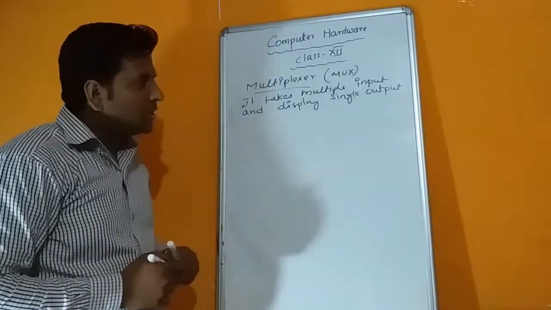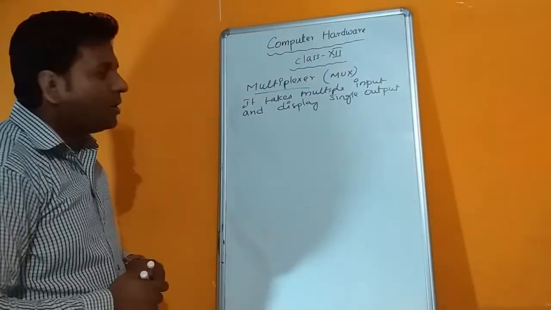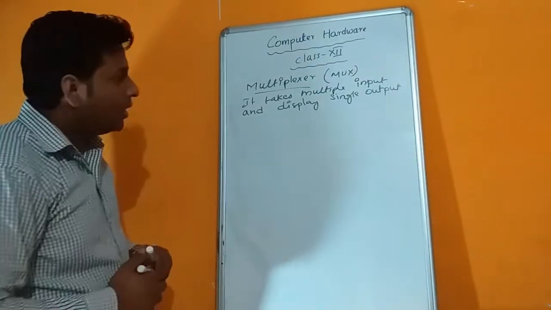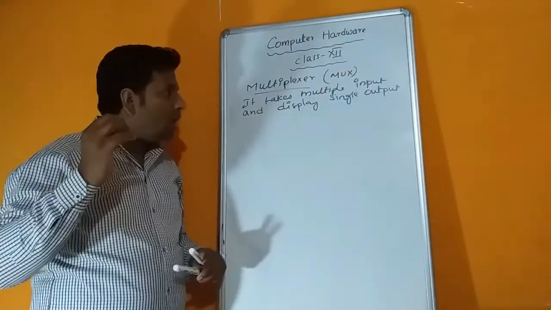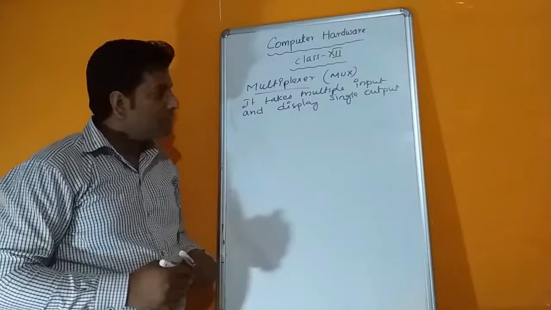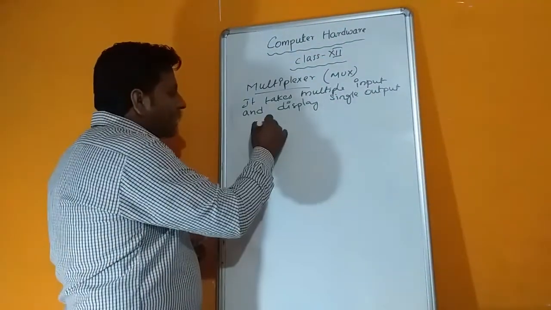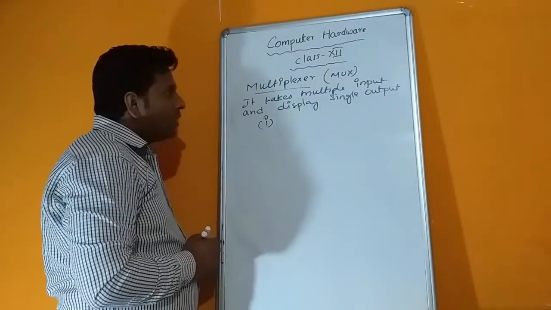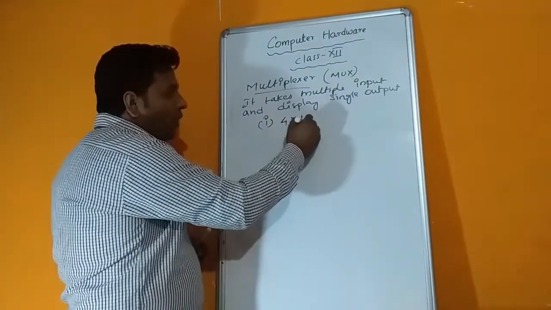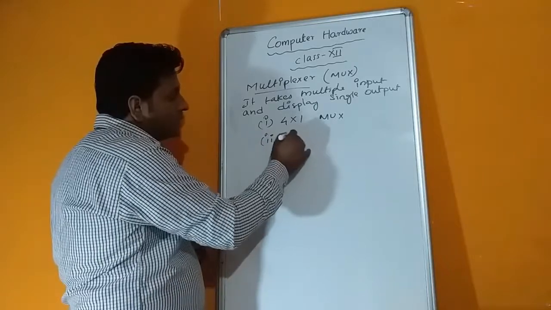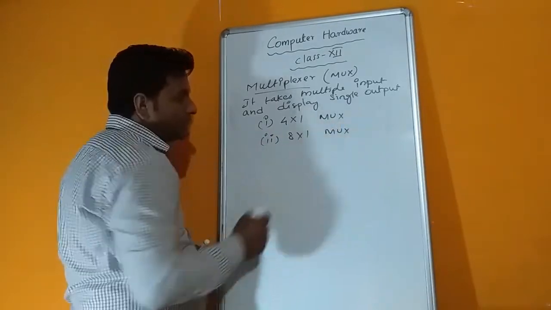Basically for remote sensing and traffic control we use multiplexer. That becomes the application of multiplexer: remote sensor and traffic signaling. Okay, so here also we have two types. Number one, 4 into 1 multiplexer, and number 2, 8 into 1 multiplexer.